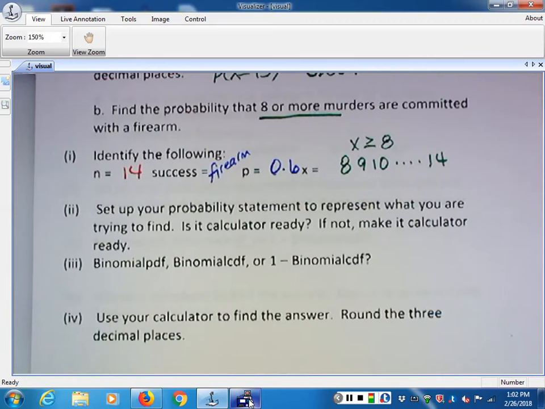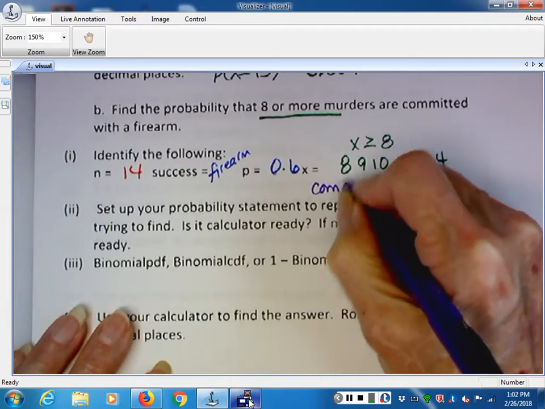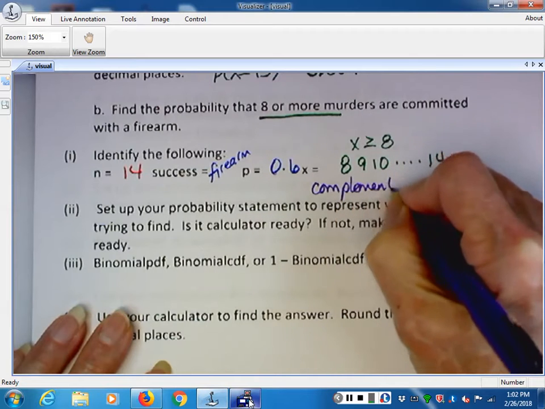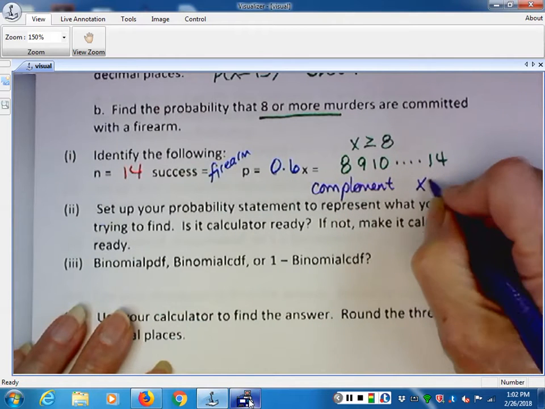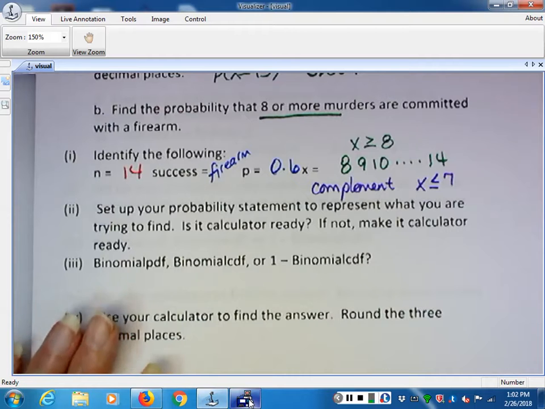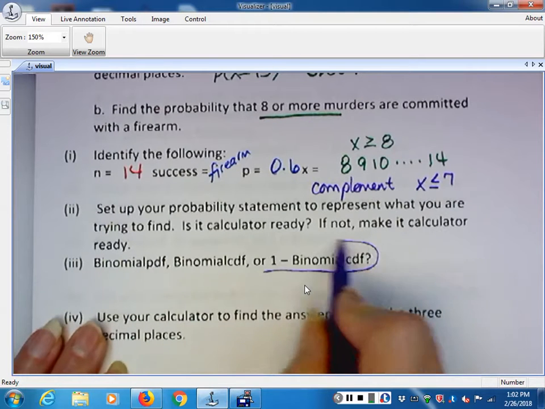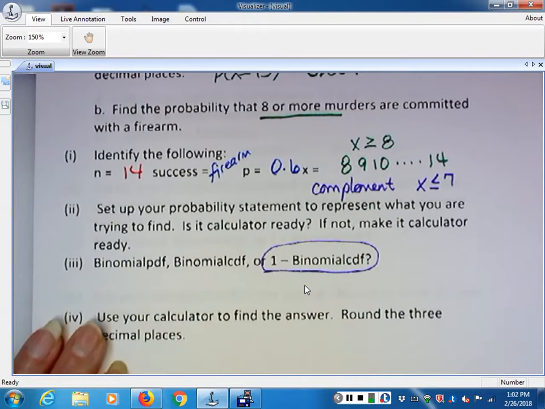So the complement of equal to or greater than 8 is that X is equal to or less than 7. Which means then we're going to have to use this command to find it.